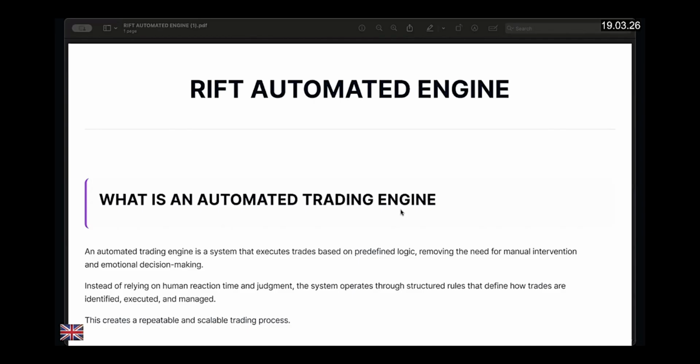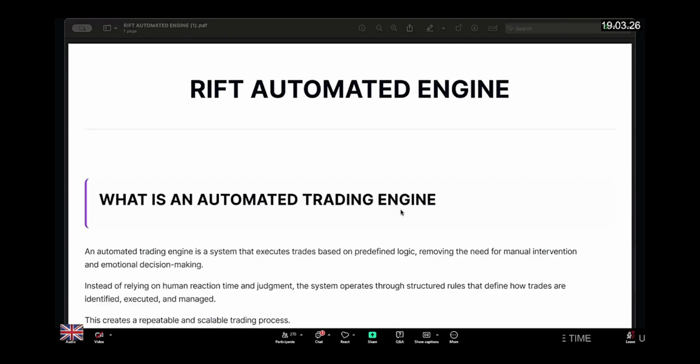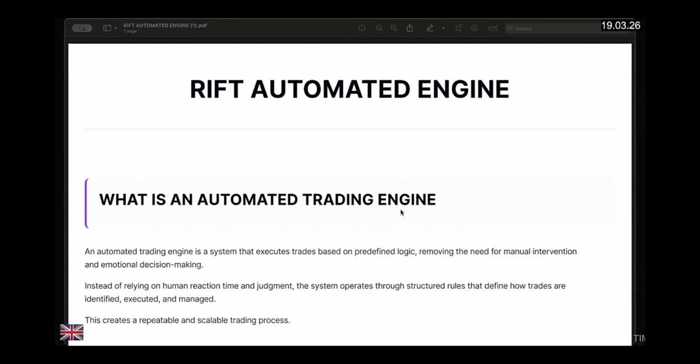So let's understand what the automated engine is. It is nothing but a system that follows rules, a system that executes automatically, something that you ask the system to do. Whenever you have a robot, something that is automated, an auto clicker, somebody that you have assigned a task to that follows rules and does execution automatically, in common language we call it automated.